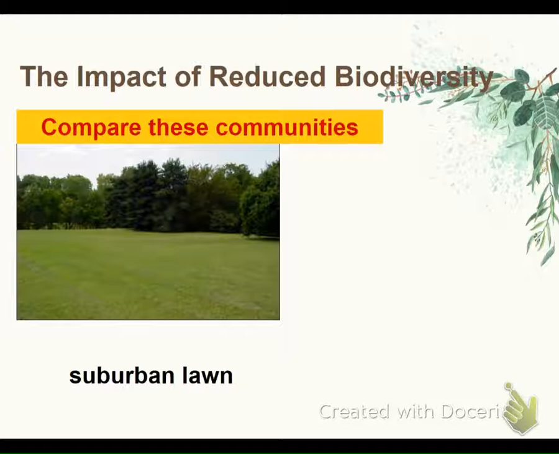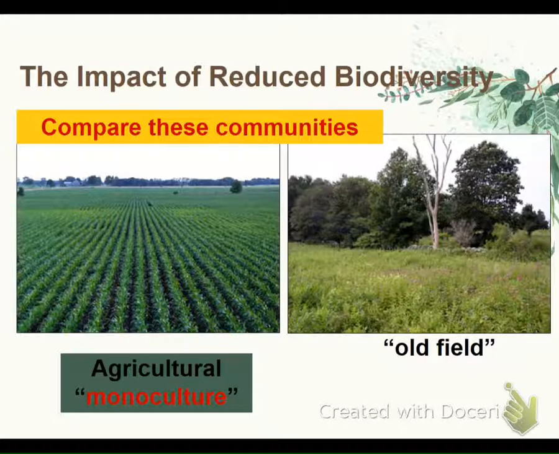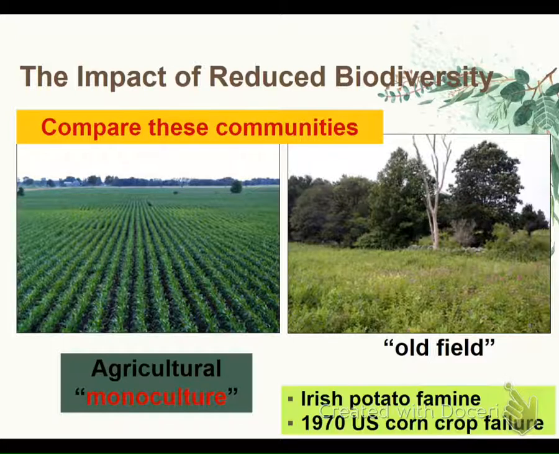If we look at reduced biodiversity, can you compare these? If we look at suburban, is it likely to survive if there's a problem attacking the grass? If we look at agriculture, what if a disease attacks this particular crop? If we look at an old field, what were the fields like 100 years ago? That's likely to survive because it has a huge amount of biodiversity.